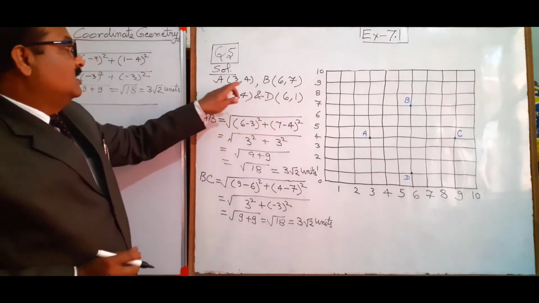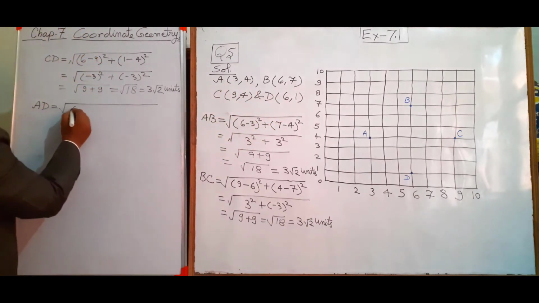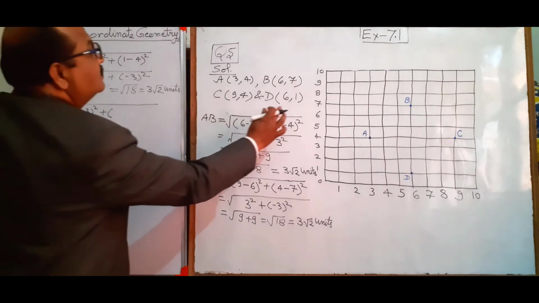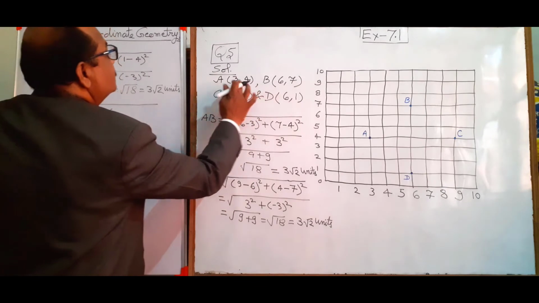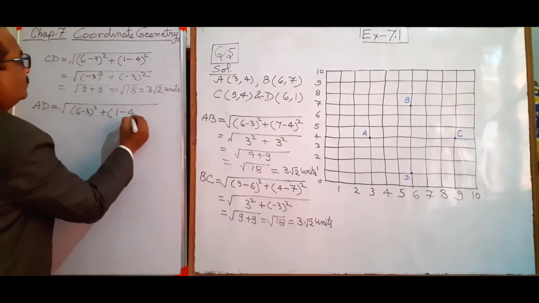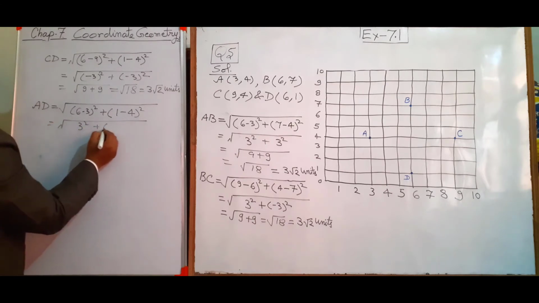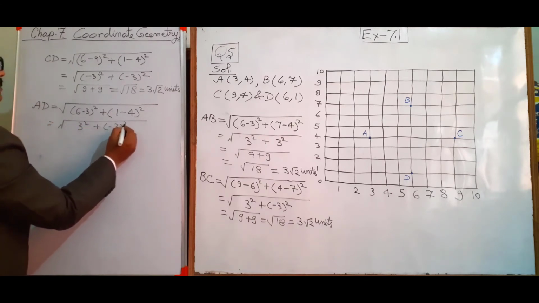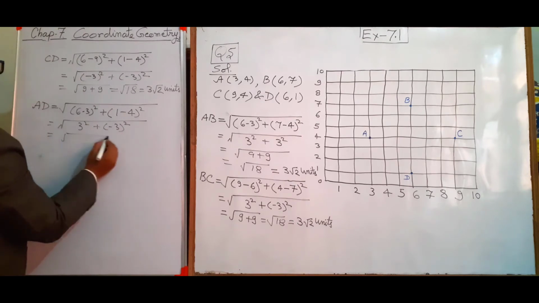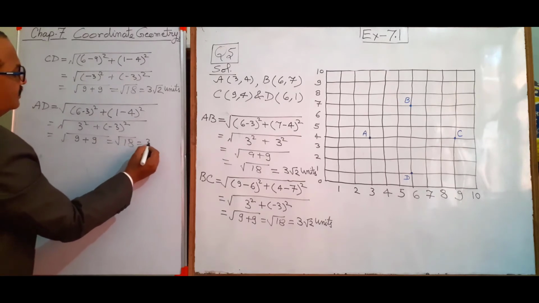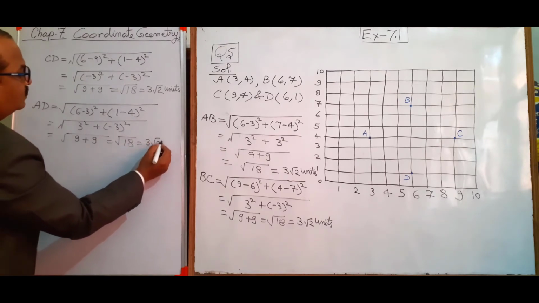So (6 minus 3) whole square plus (1 minus 4) whole square. Now it is 3 square plus (minus 3) whole square. Again you can see it is under root 18. Its value is again 3 root 2.